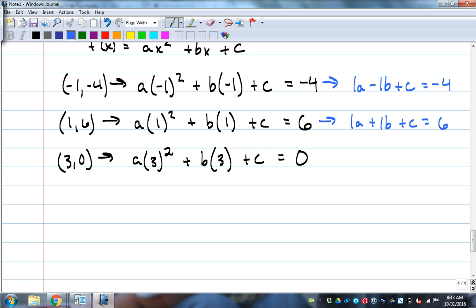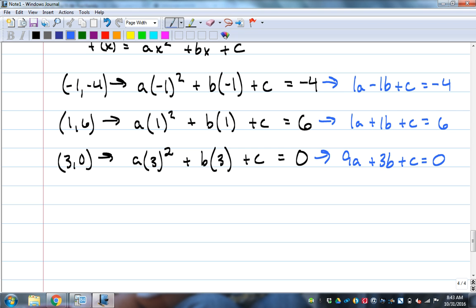The third equation turns into 9a plus 3b plus c equals 0. We've got a system of equations that has a, b, and c as the variables instead of x, y, and z. But we can solve it the same way. We can find the ordered triple, the a, b, and the c, using a system of equations.